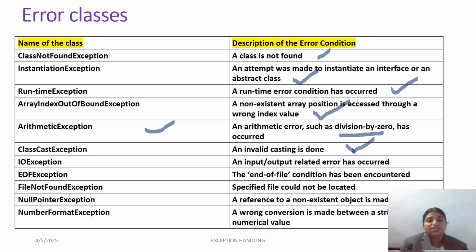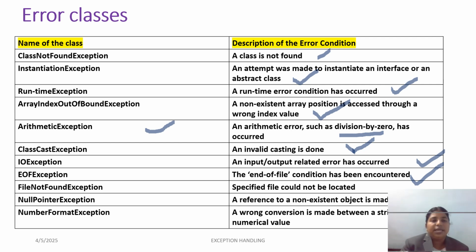We have the IOException happening because of input-output errors. We also have the EOFException happening because of the end of file. When we try to access a file location beyond the last used location in the file, then we have the EOFException.